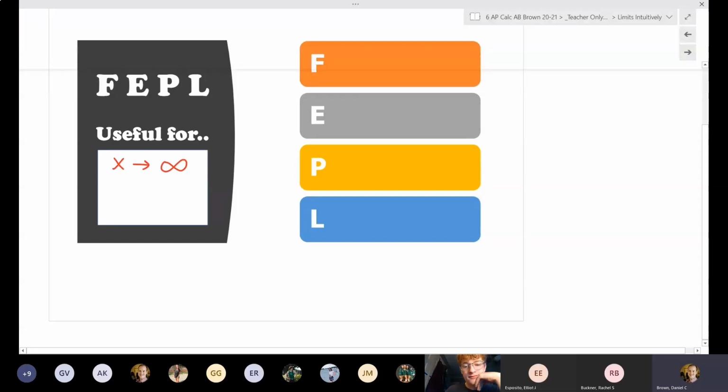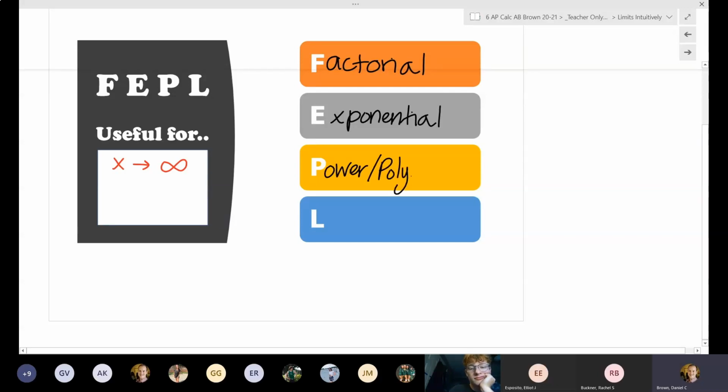The 4 functions we have, F stands for factorial, E stands for exponential, P stands for power or polynomial, and L stands for logarithmic.